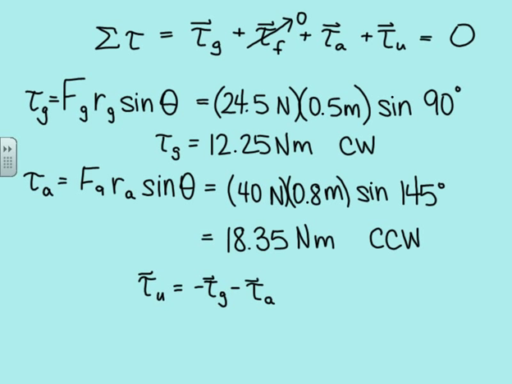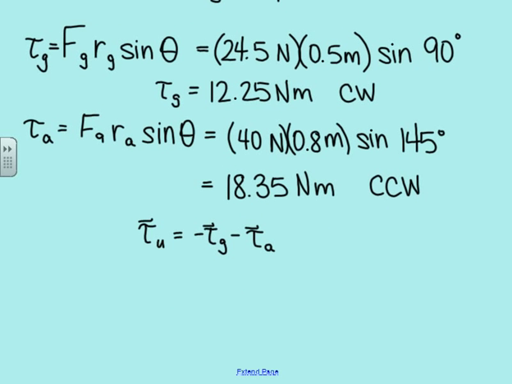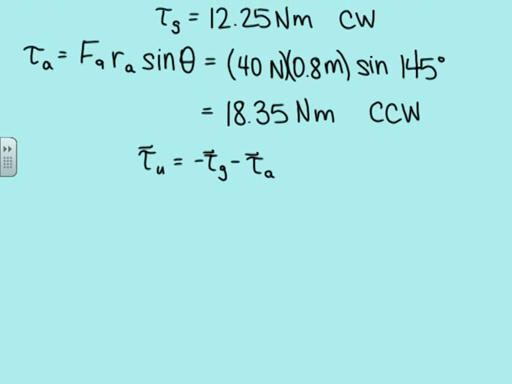Well, plugging in numbers that we already know, we have that the torque of gravity is 12.25 Newton meters, and it's clockwise. That makes it negative. So a negative times a negative gives me a positive 12.25 Newton meters. Then I have the applied torque, which is the torque from the applied force.